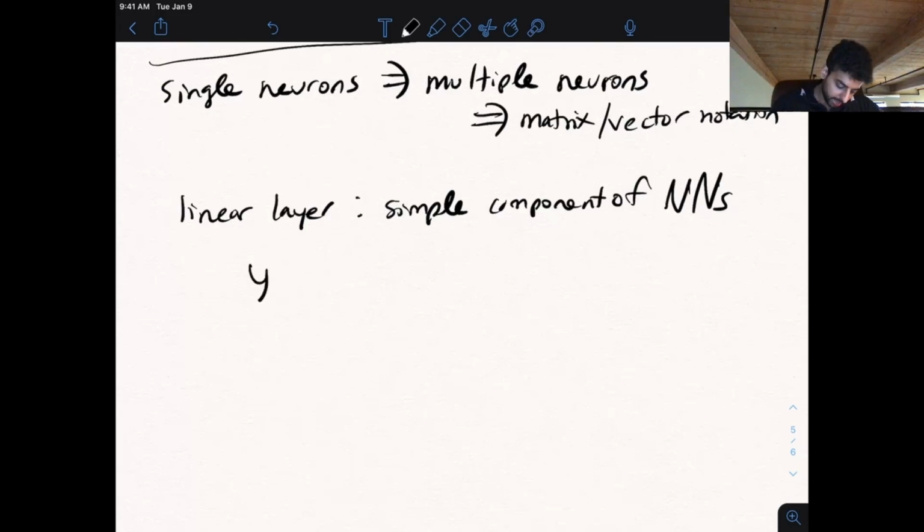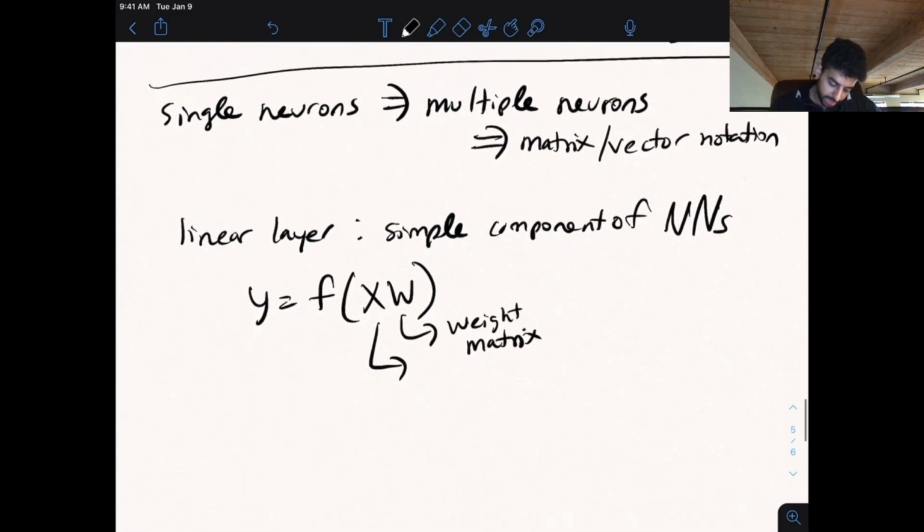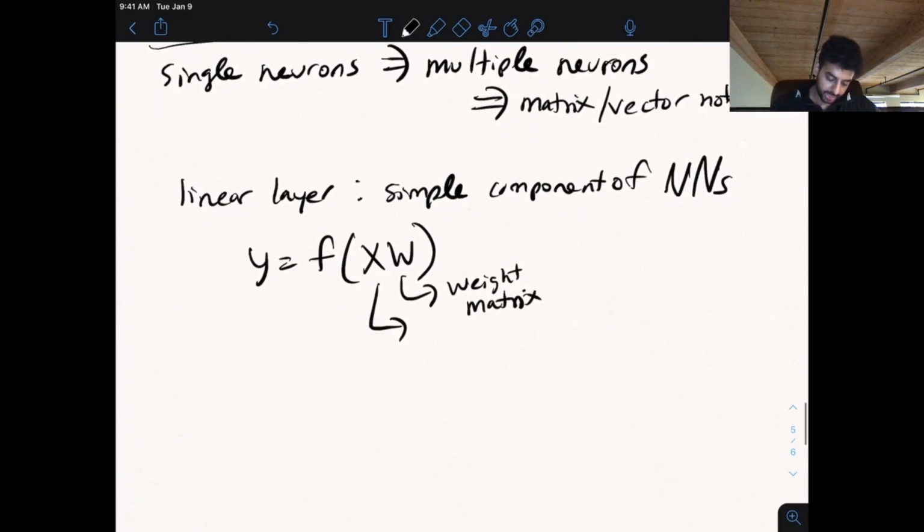And we're going to look at the definition as follows. Here, W is our weight matrix, and X is a matrix of training examples. So this also will serve to introduce the concept of batched training.